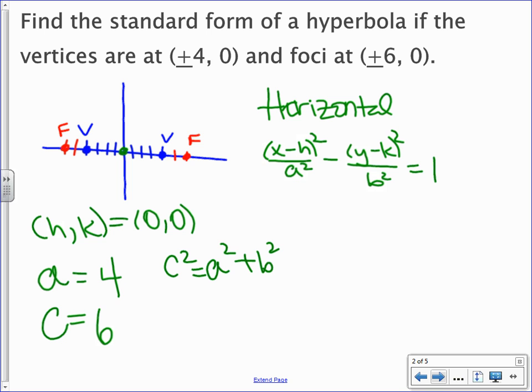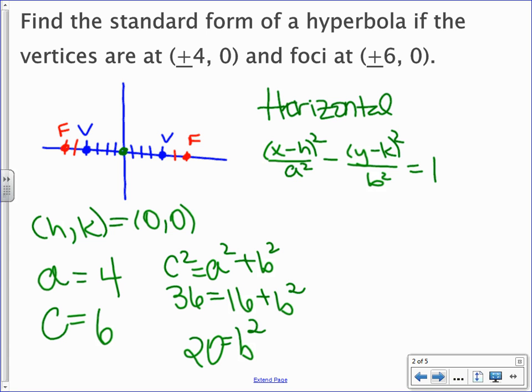Good. So c squared would be 36. a squared would be 16, which means b squared is 20. Here again, since b squared is what's in our equation, we don't have to solve for b, we just can stop at b squared. So we have a squared, we have b squared, we have our center.